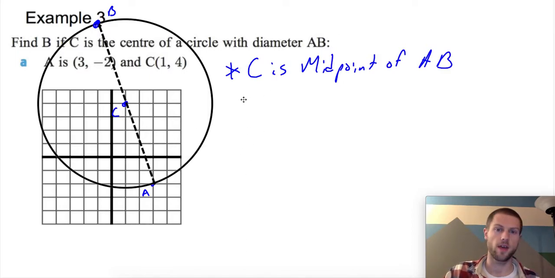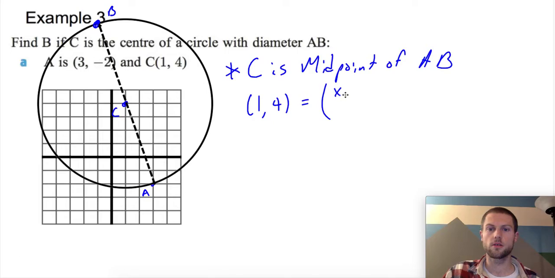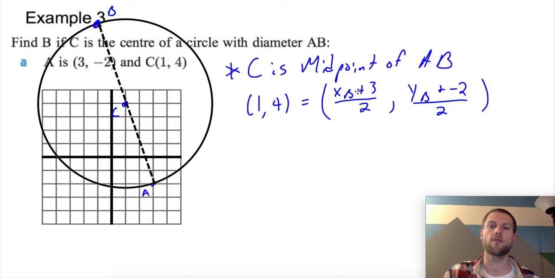So that means that C, (1, 4), is the midpoint of ((x sub b plus 3) over 2, (y sub b plus -2) over 2). So basically the average of my A and B gives me the midpoint C.